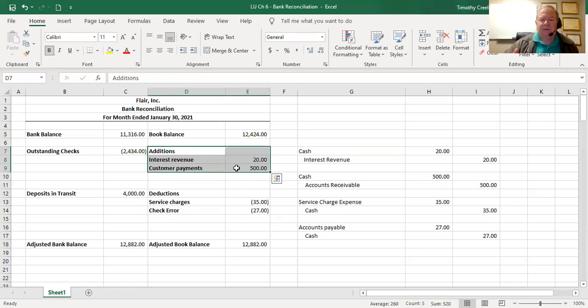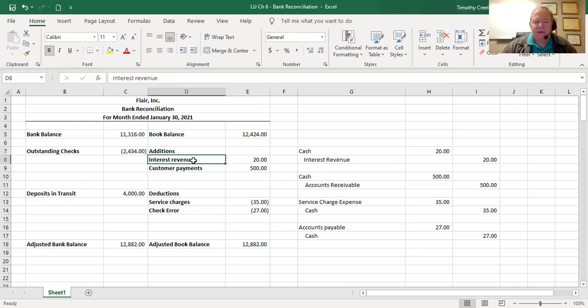These are things that are showing on the bank statement, but not on our cash balance. So notice that some things are going to be additions, like interest revenue. If we earn any interest on our account, then that's going to be added to our account balance. So interest revenue would be a positive difference. It's an addition to what we're showing.